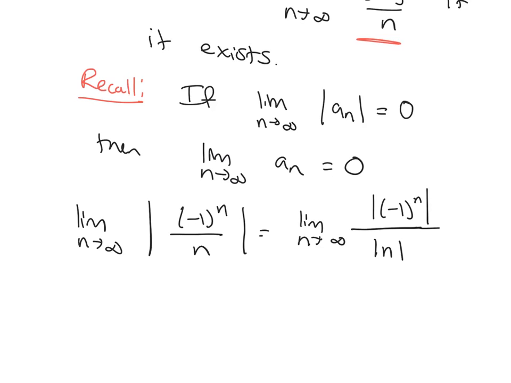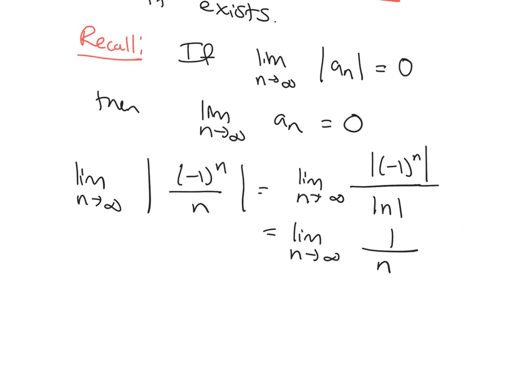What do I get if I take the absolute value of those numbers? 1 in both cases. So no matter what, the numerator is always going to be 1. The absolute value of n is positive, so I can drop the absolute value now. And you can tell me what the limit is. What's the limit of 1 over n? 0, exactly. So when I had absolute values, the limit was 0, so that means without absolute values, the limit is also 0.